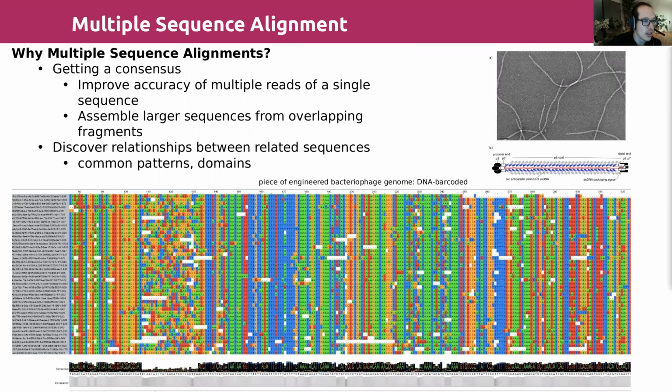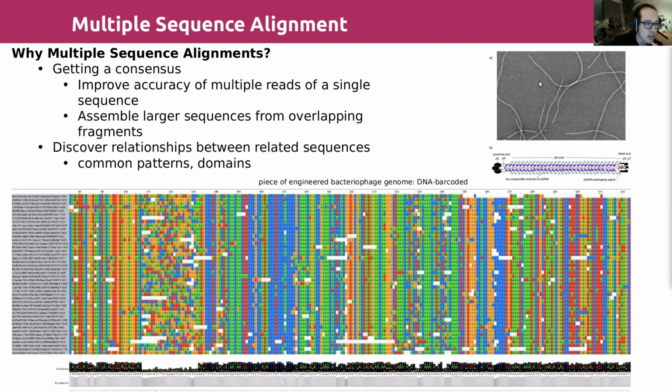So here's an example of a multiple sequence alignment from an experiment. What we're looking at here is an engineered phage genome or a segment of it, and here you can see an EM picture of a phage.